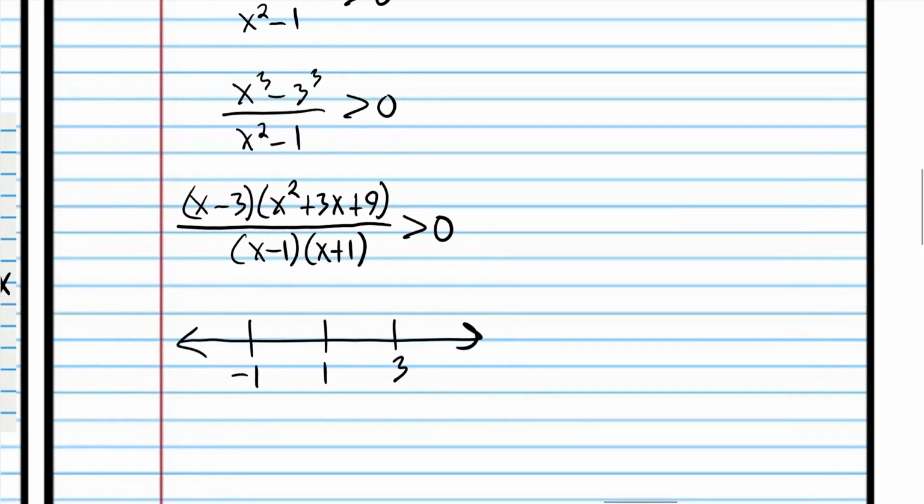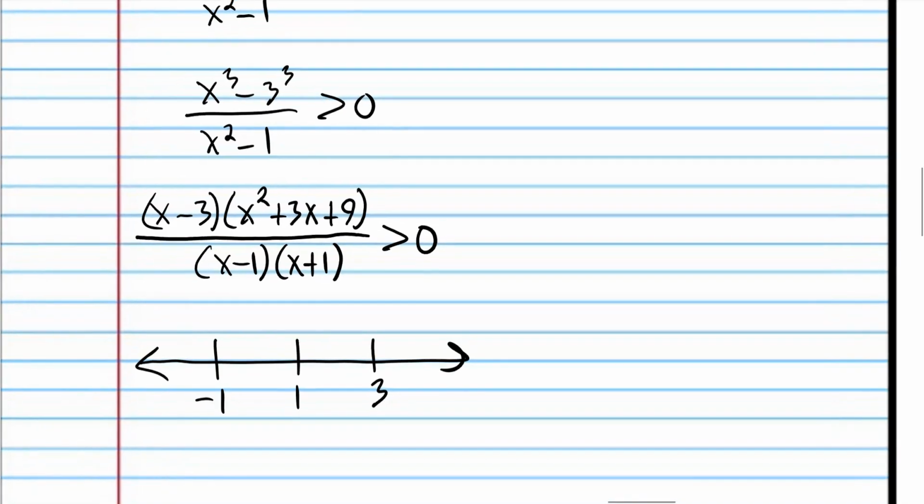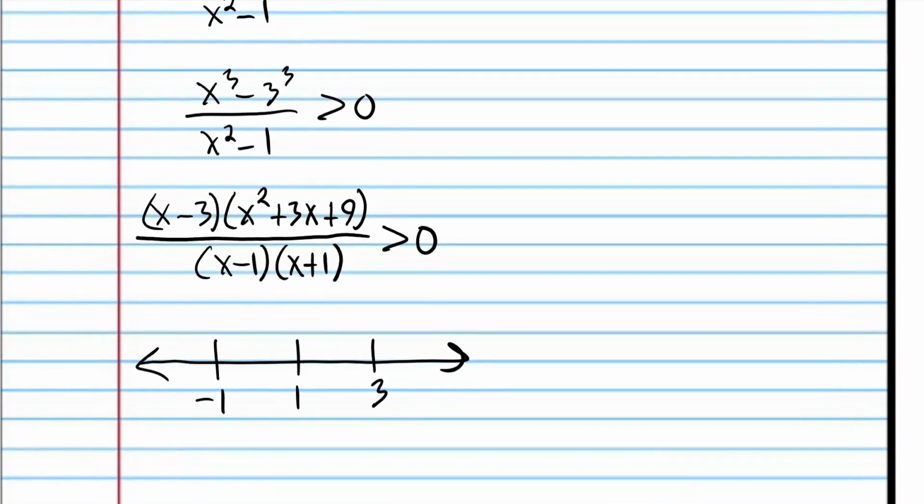Now I forgot to mention that this expression here we don't need to factor because there's nothing that you can plug in there to make that 0. Now how do I know that? Well, we can find the discriminant. That's a quadratic expression. C is going to be that value, A is going to be that value, and B is going to be that value.